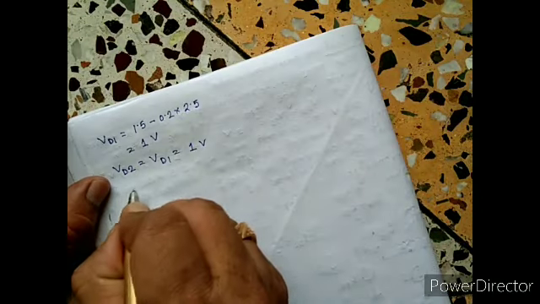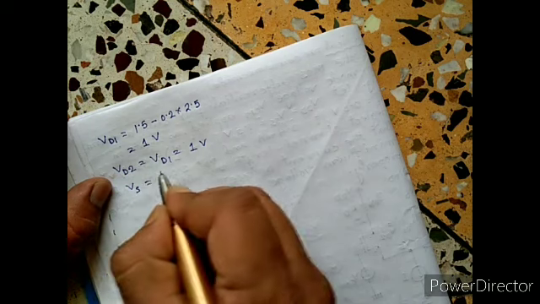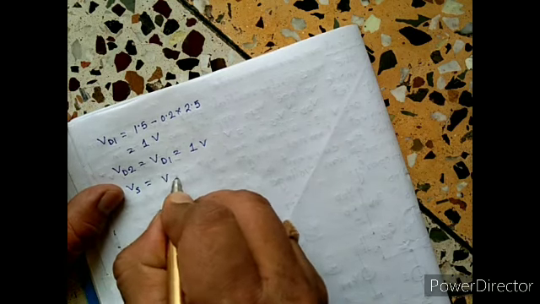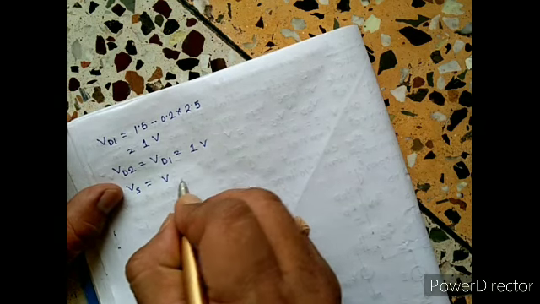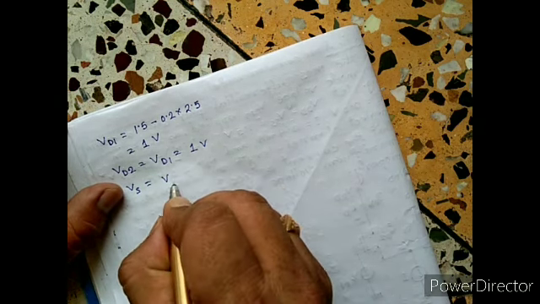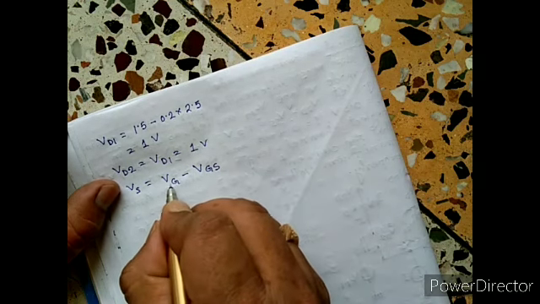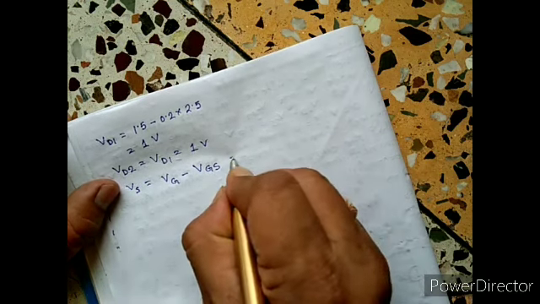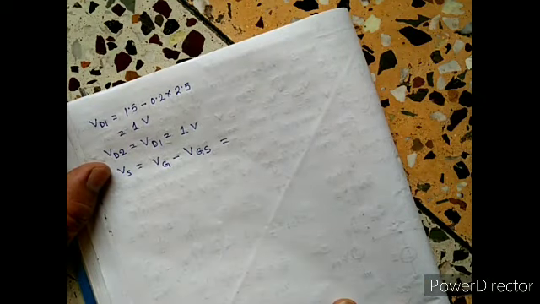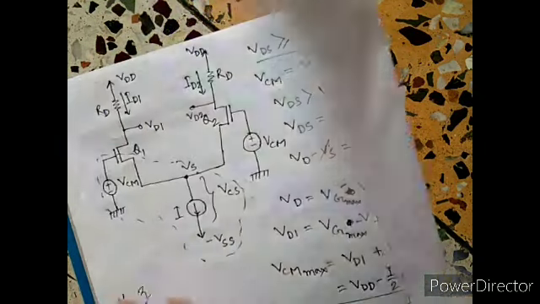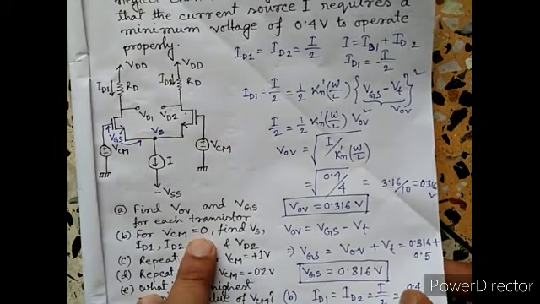So Vs equals VG minus VGS. Vg is the applied voltage, and here Vg applied is Vcm, that is 0.